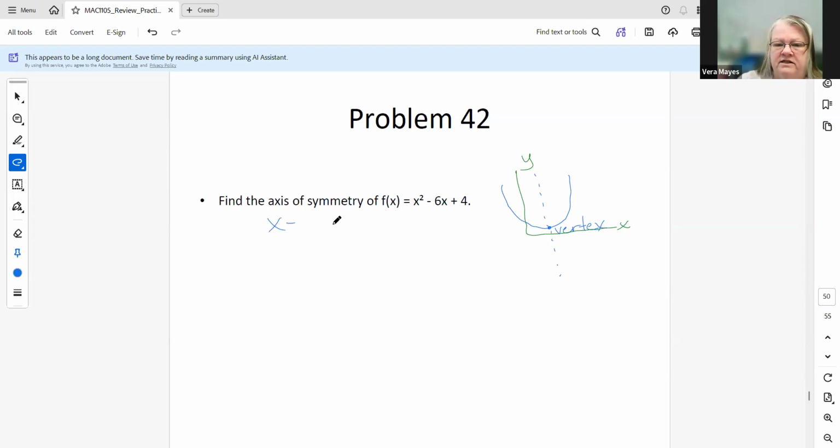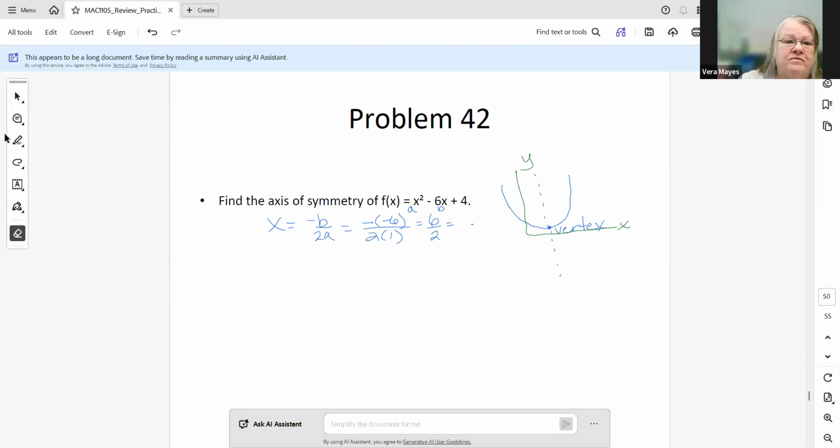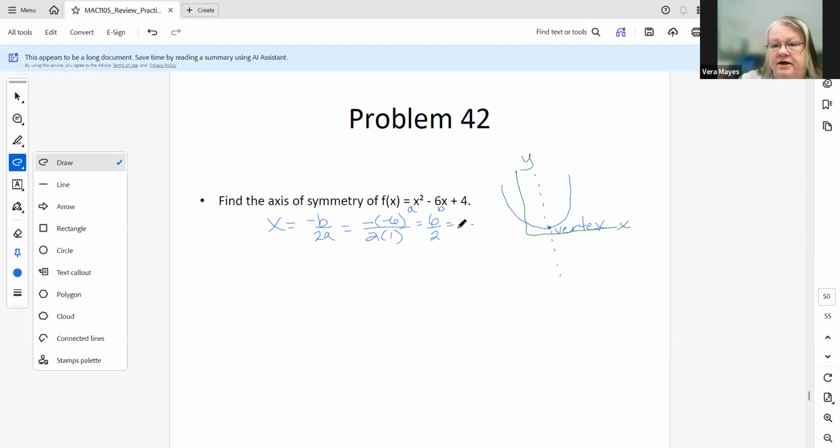So again, let's do that. x equals negative b over 2a. Here's our a, here's our b. So negative of a negative 6, over 2 times 1. So this is positive 6 over 2. So in this case, the x value is 3. Whoops, I wrote x. The x value, come on, eraser, is 3.